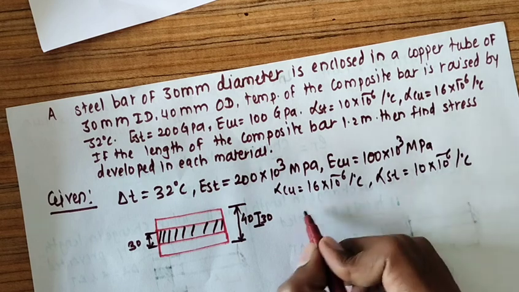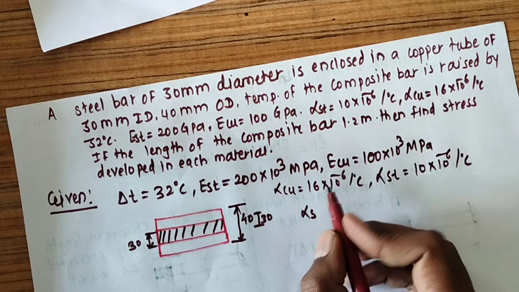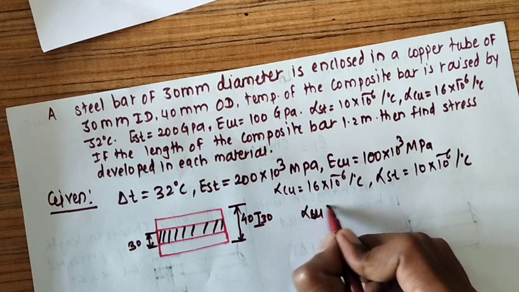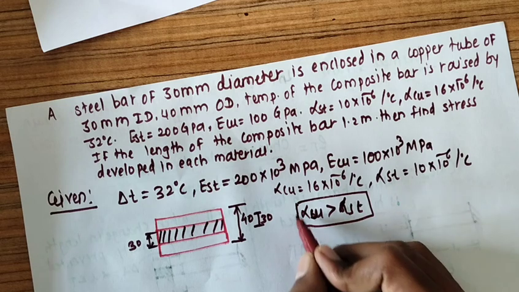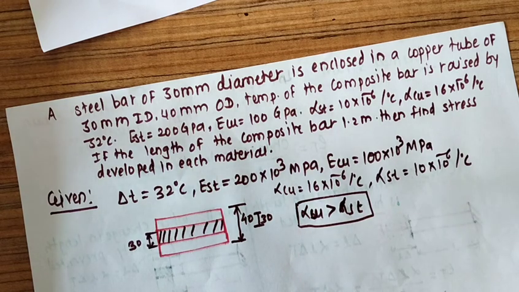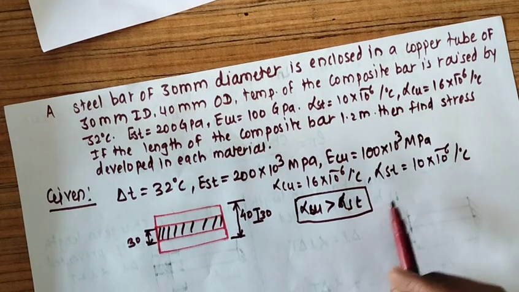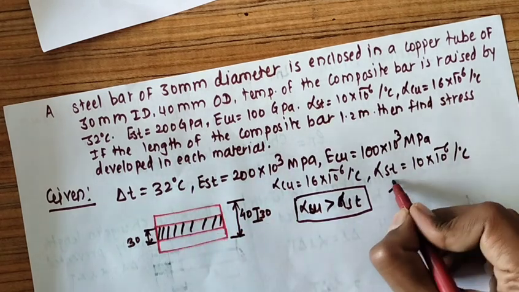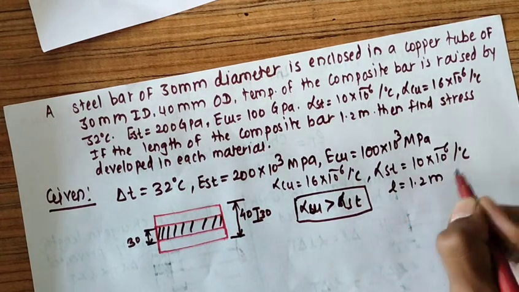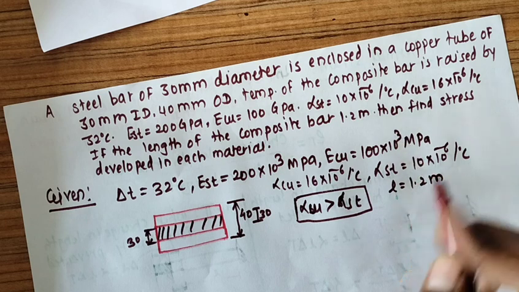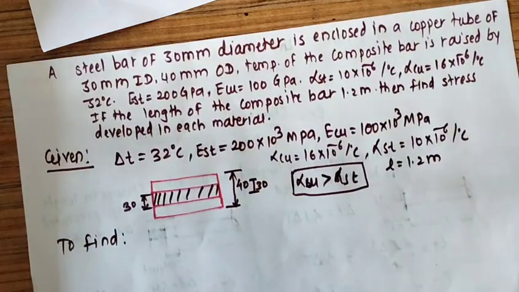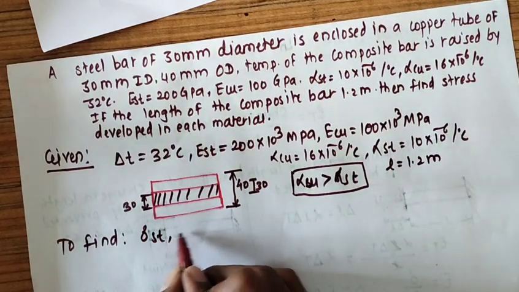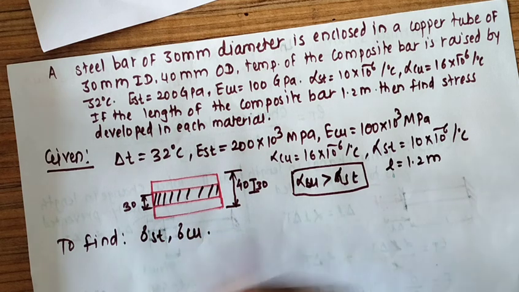So here you observe that alpha Cu is greater than alpha St. This is an important observation from the given data. Also the length of the bar is given, that is L is equal to 1.2 meter. Then find the stress developed in each material. So we have to find the stress in steel and the stress in copper.